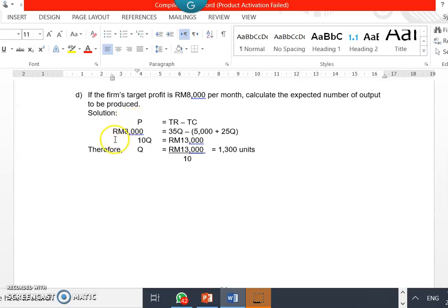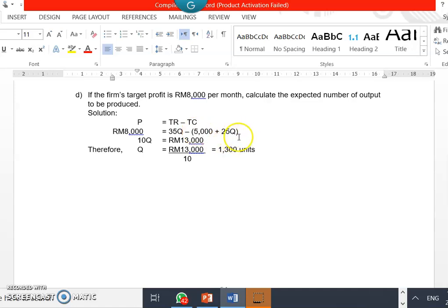We have 8,000 ringgit per month for profit, 35 ringgit for selling price, minus the total cost plus the 25.